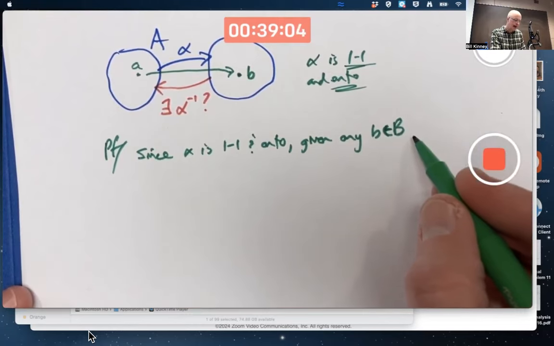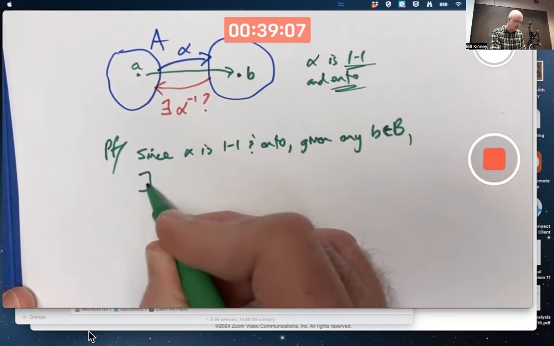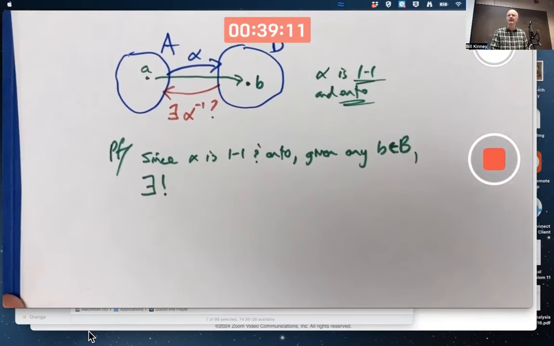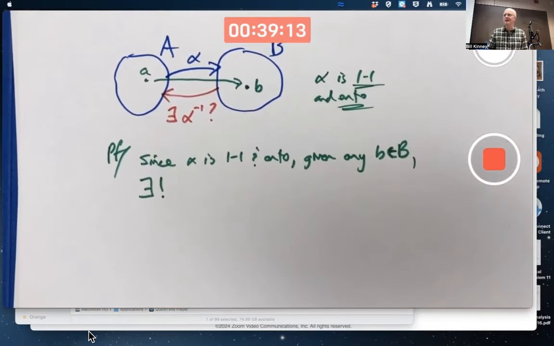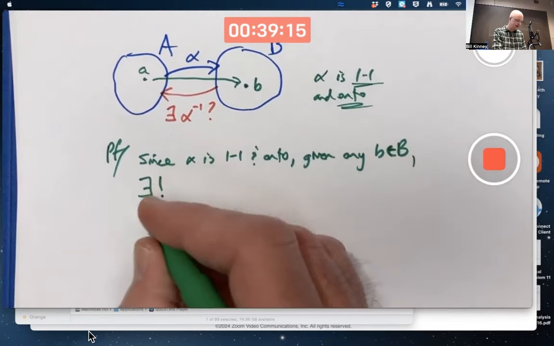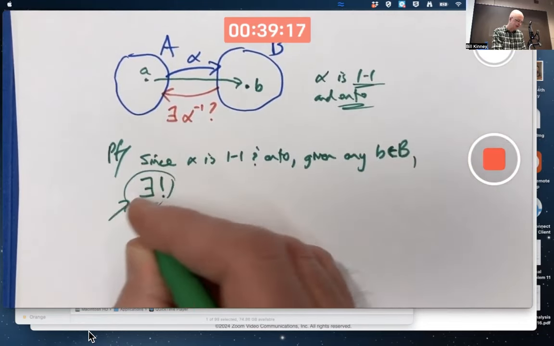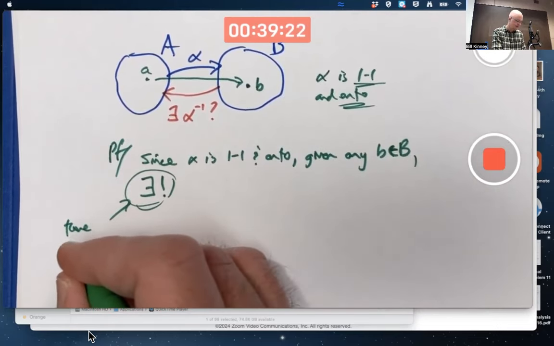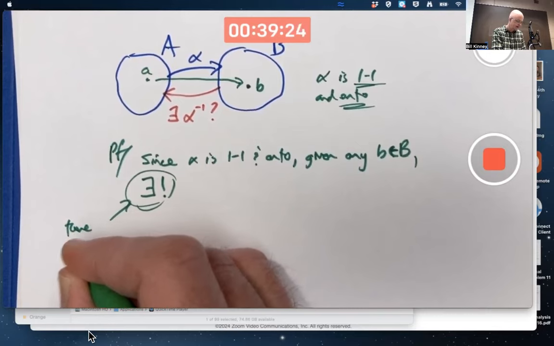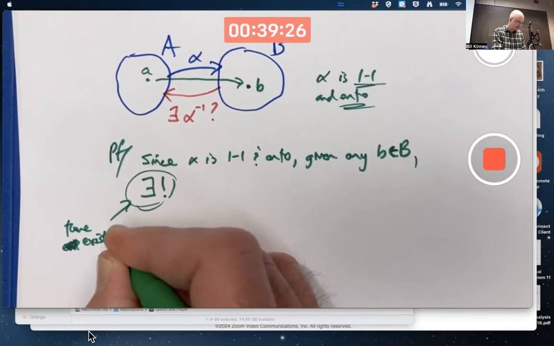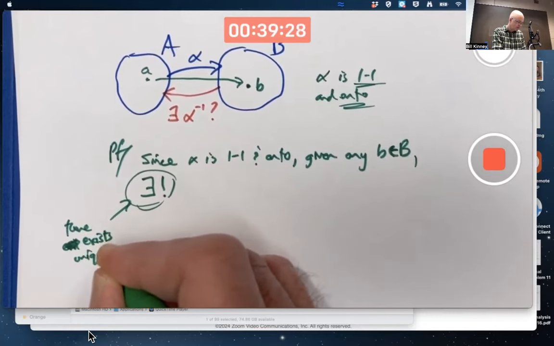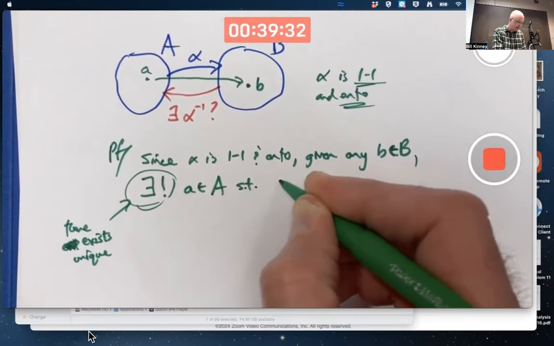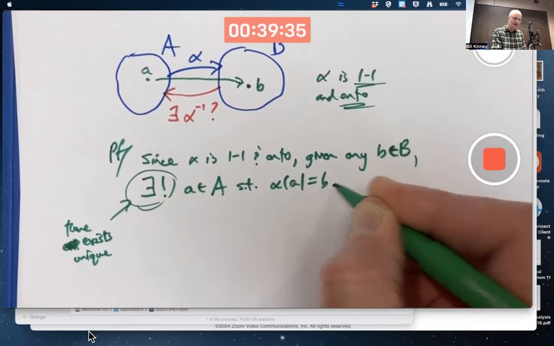Given any little b in capital B, there exists a unique, backward E with an exclamation point means there exists unique. It's not factorial. There exists a unique a in capital A such that alpha of a equals b.